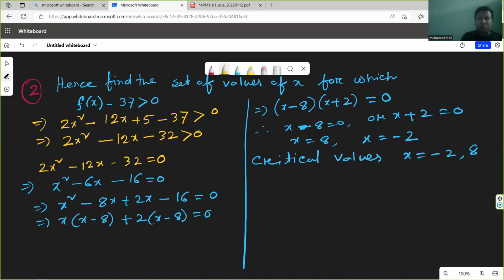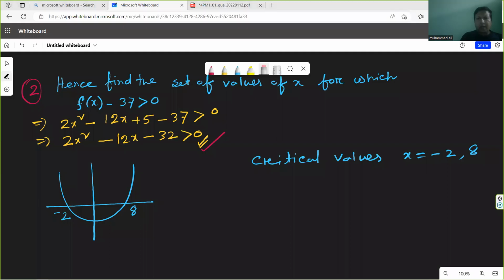Now we have to sketch this curve. Definitely the curve will be U-shaped and pass through minus 2 and 8. And what do we want? We want the set of values of x where this curve is positive. You know the curve, this part is positive, this part is positive. Here are the critical values minus 2 and 8, and we want where the curve is positive.